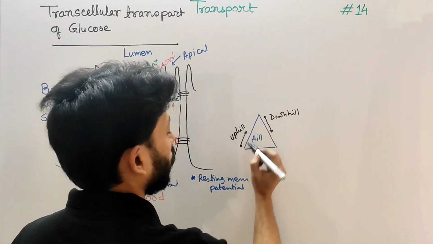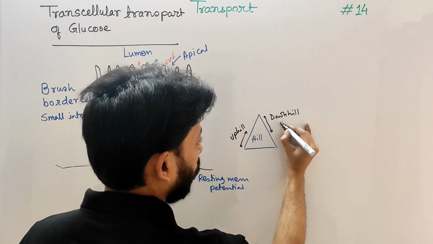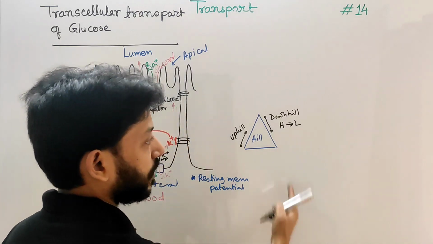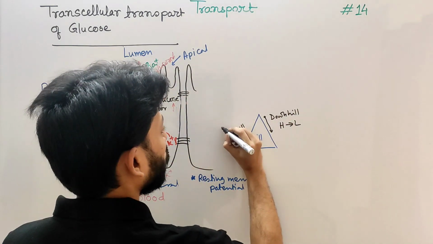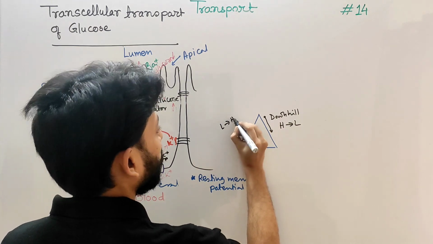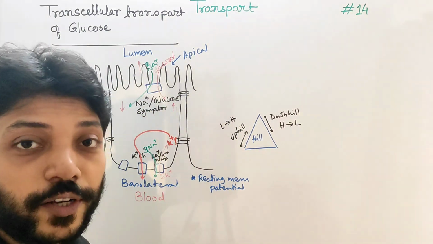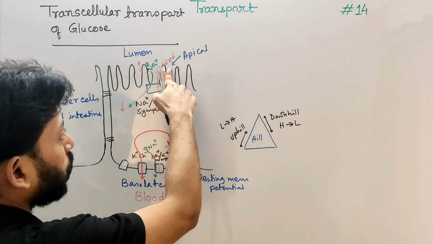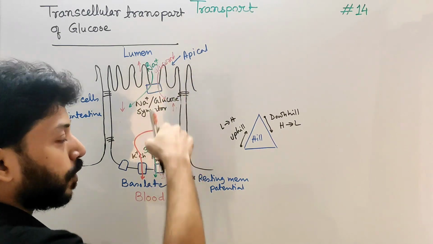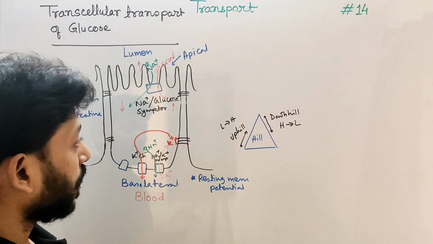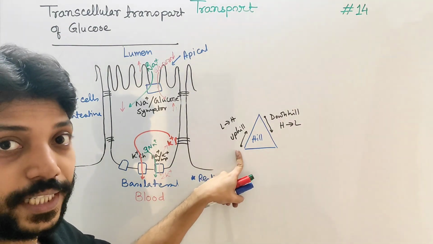So this is called uphill movement. When molecules move from higher to lower concentration, this is called downhill movement. Sodium shows downhill movement, but when molecules move from lower to higher concentration, it is called uphill movement, and here energy is required. Like the glucose concentration outside is low and inside is high, so the movement of glucose is uphill movement, and this requires energy.